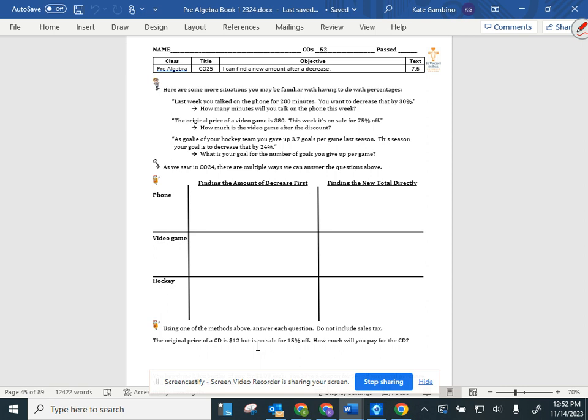What is the new cost after the discount? As a goalie of your hockey team, you gave up 3.7 goals per game last season because we took the average. This season, you want to decrease that by 24%. What is your goal for the number of goals you give up per game?